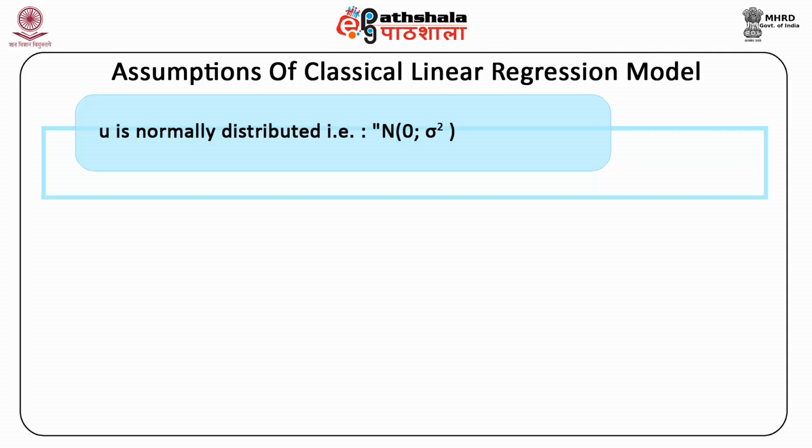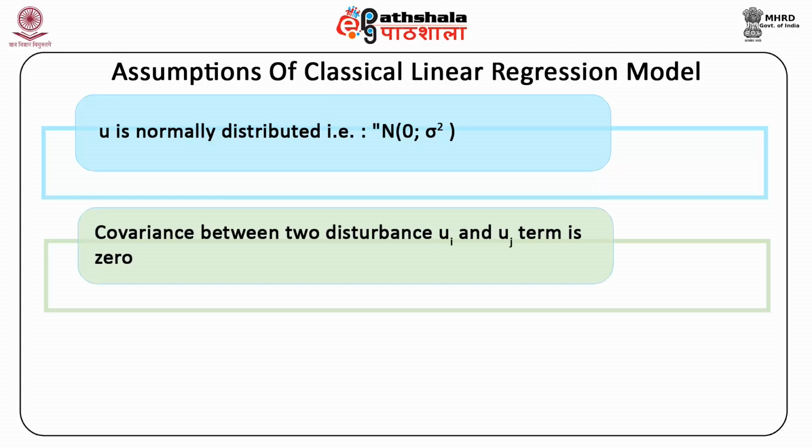Assumption 9. The disturbance u is normally distributed, represented as N(0, sigma square). Thus, each disturbance term is normally distributed with mean 0, variance sigma square, and covariance between two disturbances ui and uj is 0. For two normally distributed variables, zero covariance or correlation means independence of the two variables.